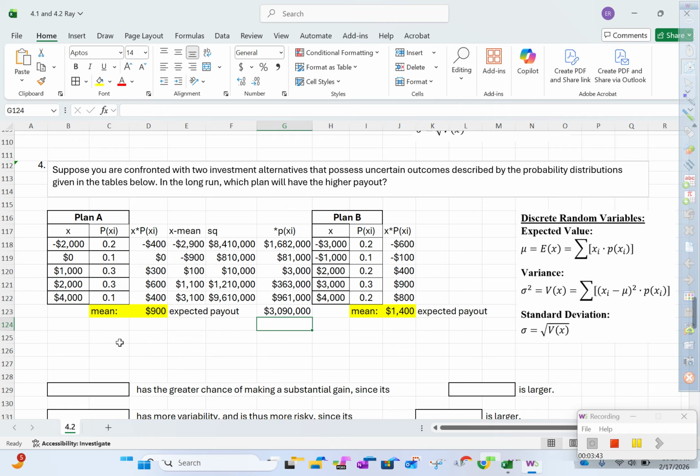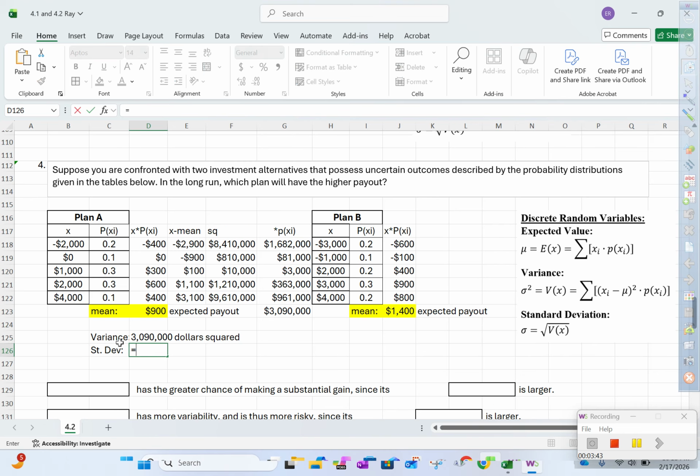Okay, so down here, my variance is $3,090,000 squared. Hopefully you remember that variance is my label squared, because my more useful measurement of standard deviation is the square root of that.